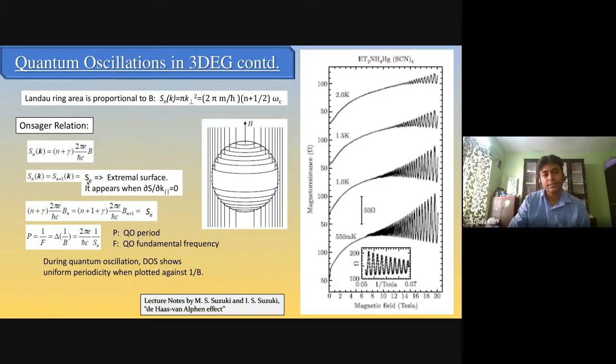This is given by S_E, and whenever the Landau tube area of cross section becomes the same as that, we get this density of states peak. So we want to see where this density of states peak comes as we keep on increasing the magnetic field. And then you can see two consecutive Landau tubes as they pass through the Fermi surface.